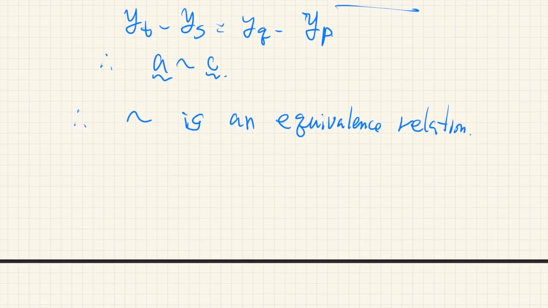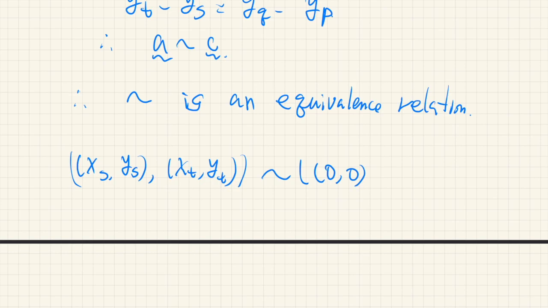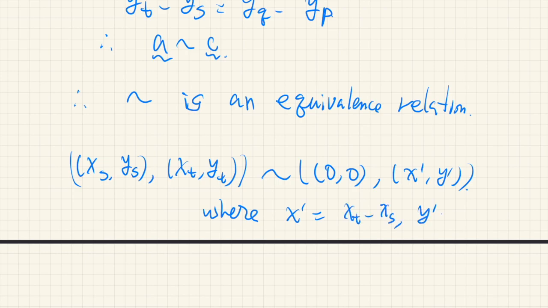So because of this equivalence relation, any arrow, let's say something like xs and ys and xt and yt, is in particular equivalent to the arrow from the point 0 0, the source is the origin, to x prime and y prime, where x prime is equal to the difference between xt and xs, and y prime is equal to yt minus ys.